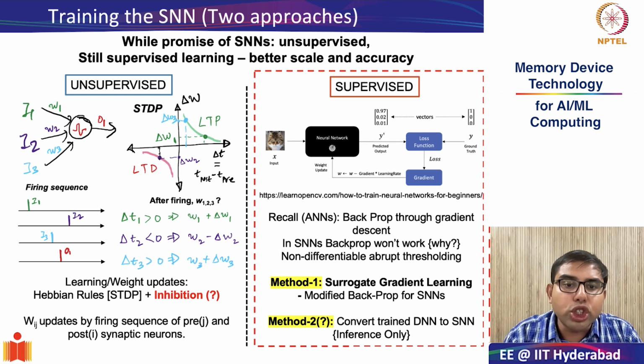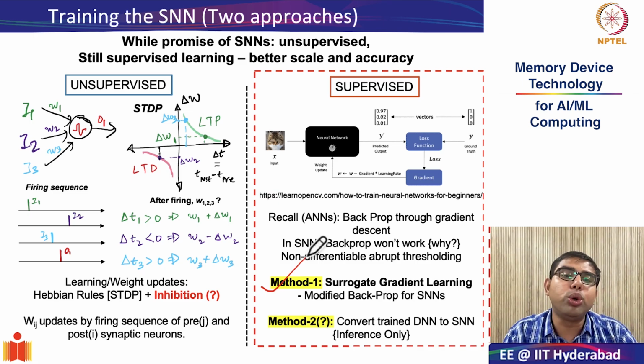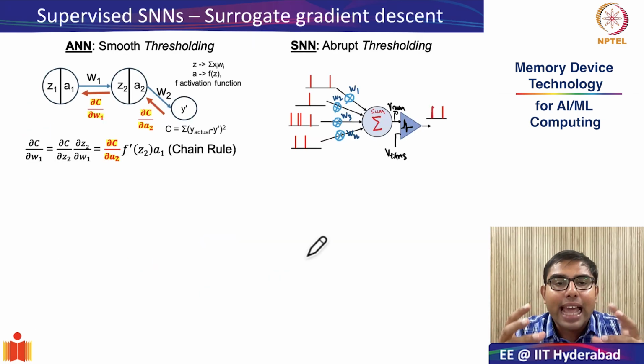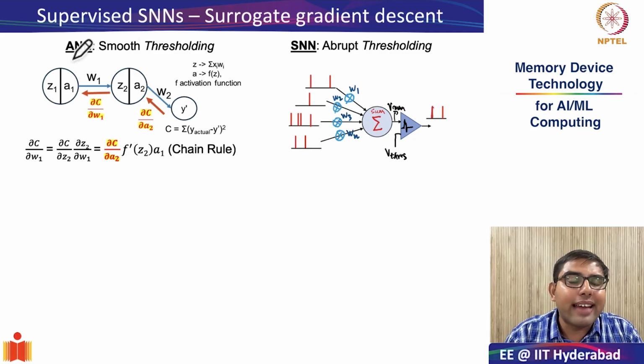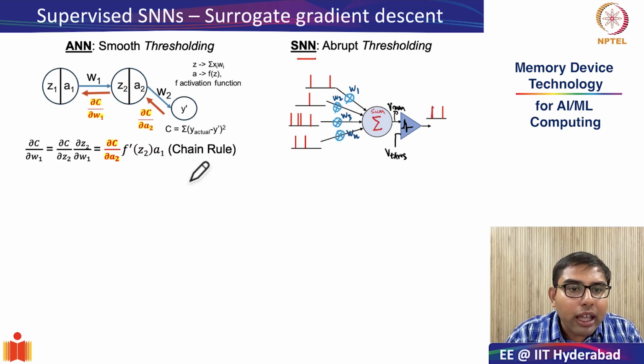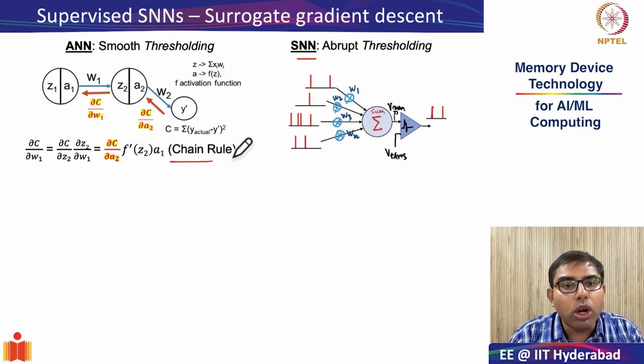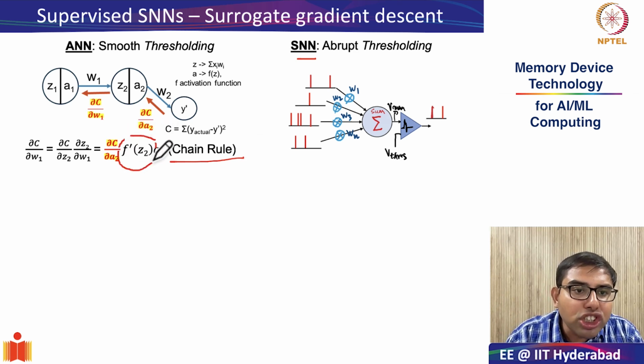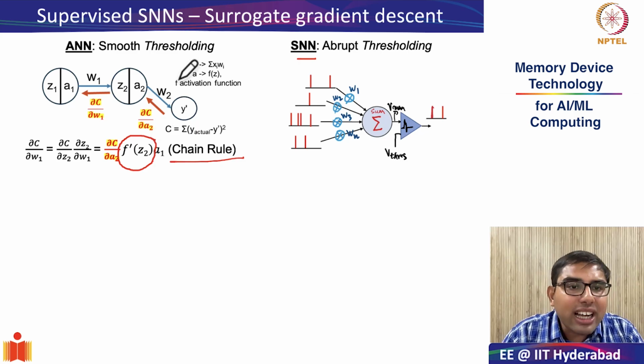So as we discussed, in supervised training, we have two main strategies. The key strategy is using surrogate gradient learning, and that is what we will cover first. As we have been discussing in detail, the key issue with directly using backpropagation for spiking neural networks is that, if you remember from our 7th module, the chain rule which was implementing backpropagation had a very important term of differentiability of your activation function.